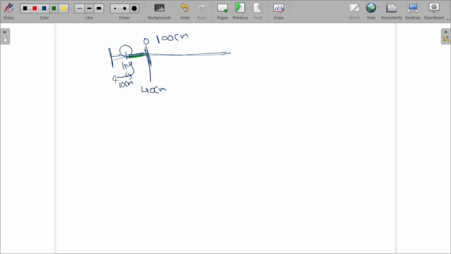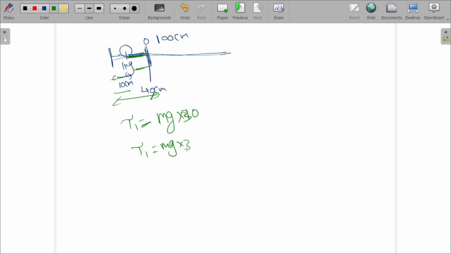This is 40, this is 10, so it will be 30 centimeters. So what is torque 1? 1 kg means force mg, into the distance. We are using centimeters here, but the mass of 1 kg is taken, so it should be converted. So T1 equals mg into 30 centimeters.